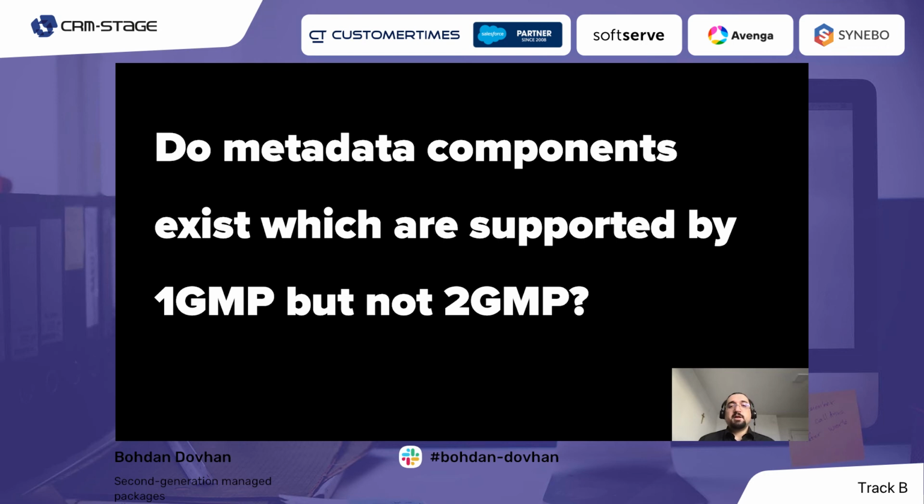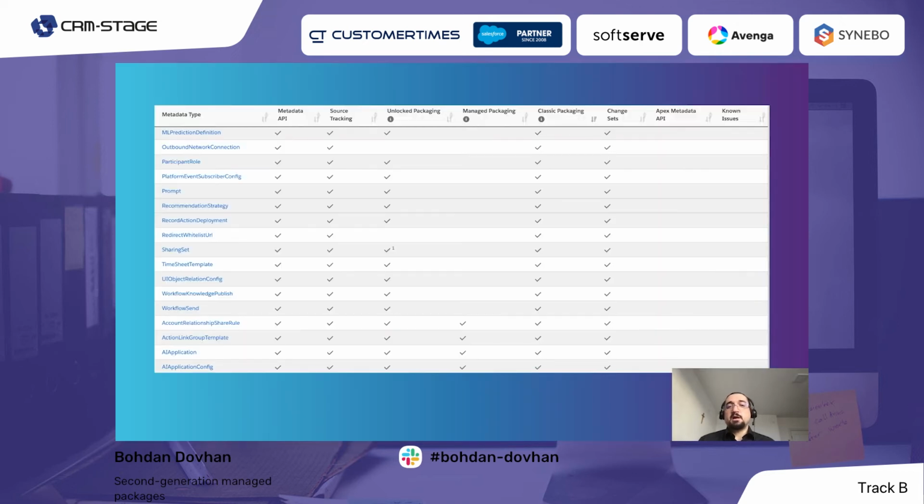Next, do metadata components exist which are supported by the first generation managed packages but not second generation managed packages? And the answer is yes. If you follow the link which I provided in the last slide, and if you open this list of metadata types supported in different package versions, please note that in this page the second generation managed packages are just called managed packaging, and the first generation packages are called classic packaging.